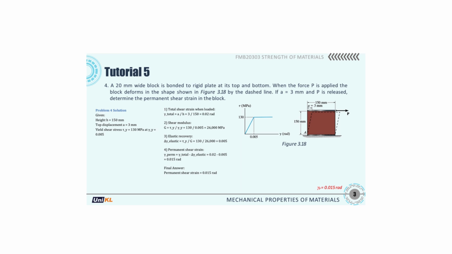Elastic recovery equals τ_Y/G equals 0.005, so γ_perm equals 0.02 minus 0.005 equals 0.015 radians.